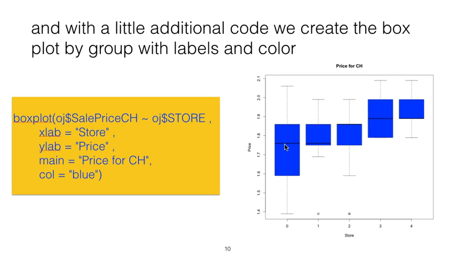Half of the time we see values below, half of the time we see it above. If we look at it, well, where are the medians? We can actually start saying that stores 0 and 1 tend to be less expensive most of the time, or at least half of the time, than stores 2, 3 and 4.